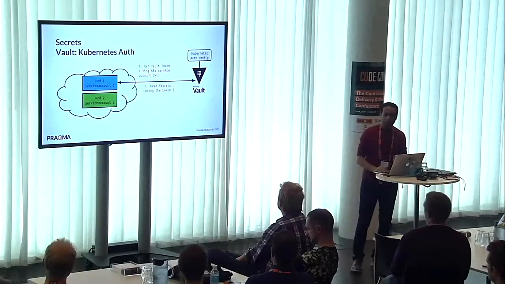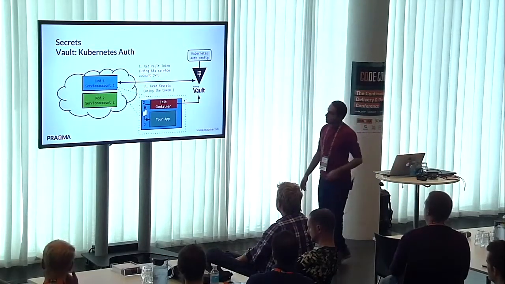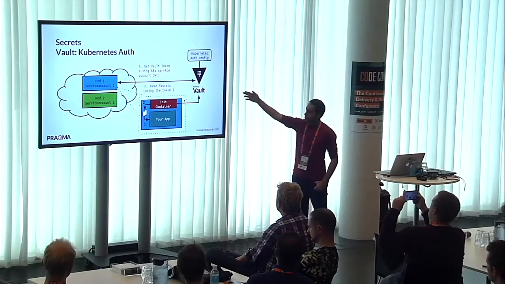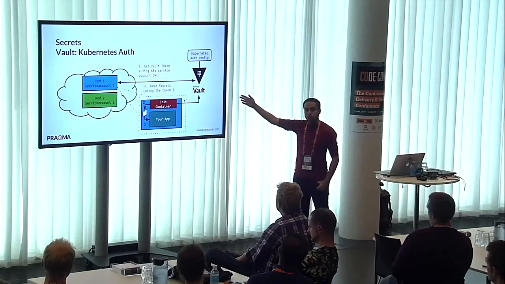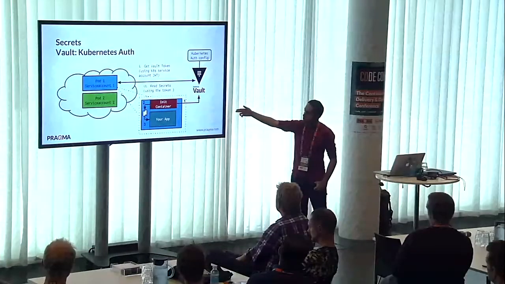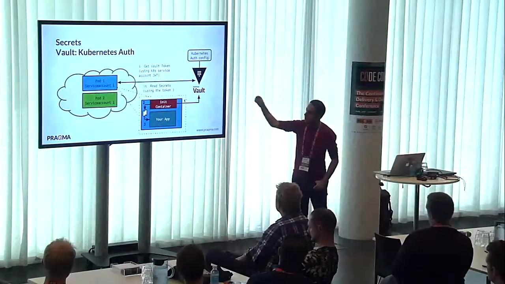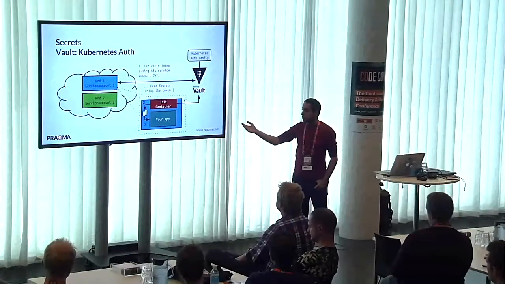So if we zoom in into the first pod, we can actually have an init container inside the pod, which uses the token that we have just got and loads whatever secrets you need, and then shares them as files in a shared directory or shared volume within the same pod. The last step is that your application can simply find its secrets within the same directory inside that pod.